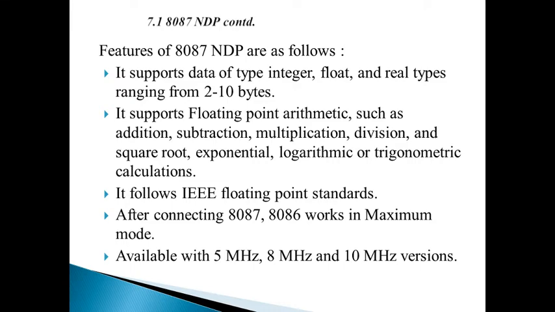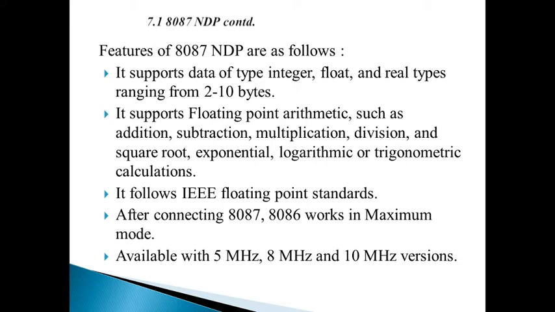There are some more features also, just like it maintains a register stack. Adding a coprocessor to the system allows the CPU to focus all its resources on the 8086, and the 8087 takes over the workload.